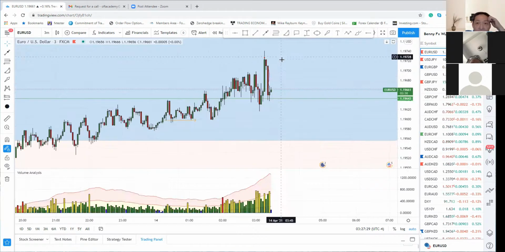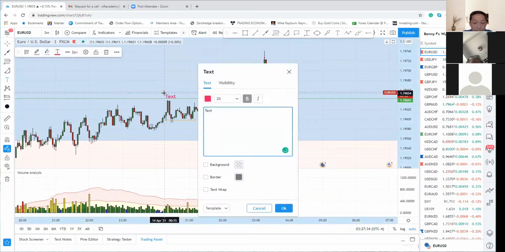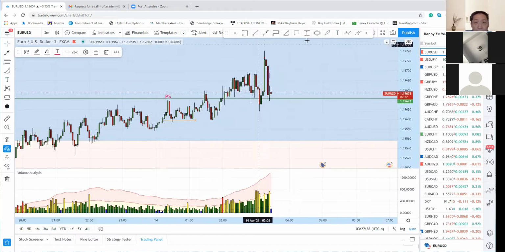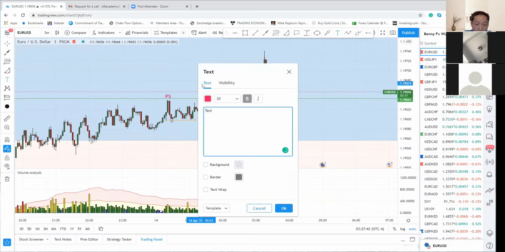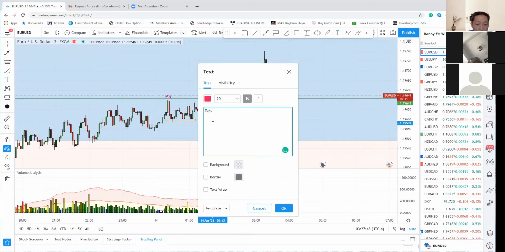You can see that if I label it, this is the preliminary support. This is the buying climax. This is the automatic rally.